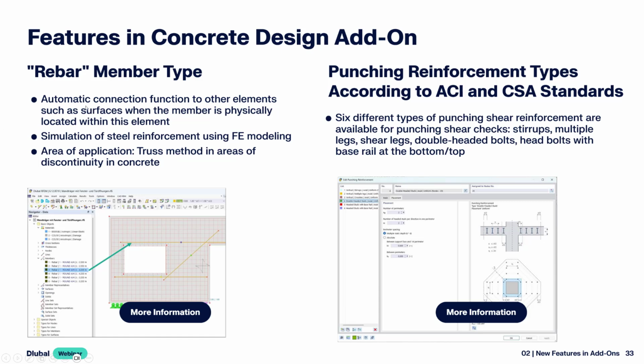Then the rebar member type is also available. There's an automatic connection function to other elements, surfaces, and so on. Then the punching reinforcement types according to the American and Canadian standards.